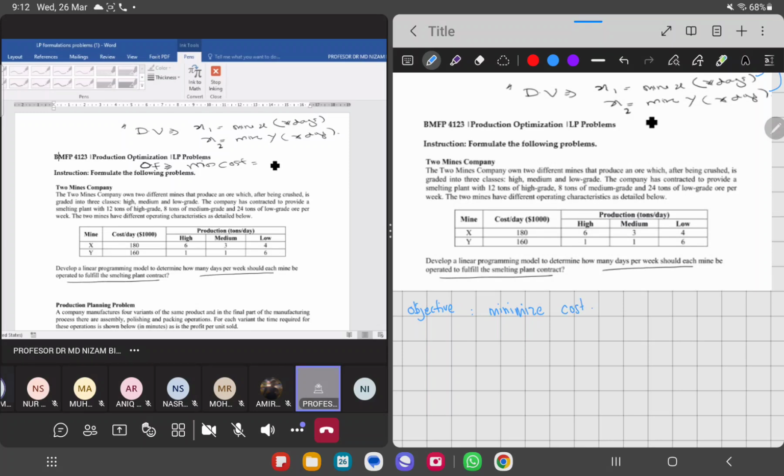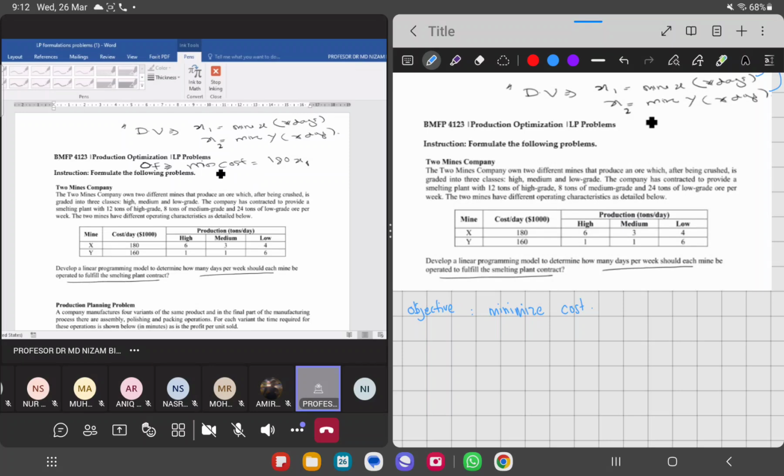How do I calculate these objective functions? 180 x1 minus 150 x2. Should it be minus or plus? Plus, right? Because you want to calculate the cost.